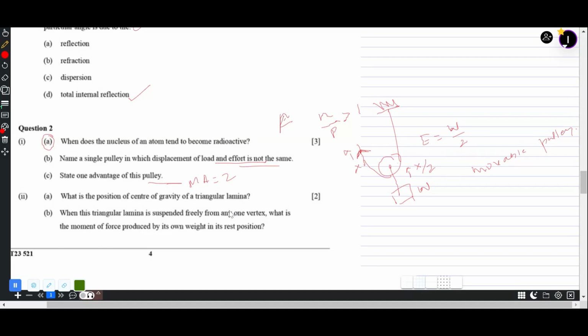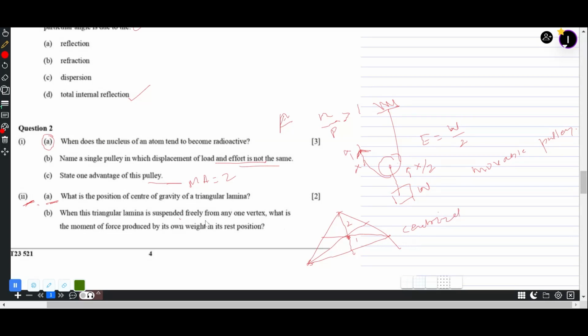What is the position of center of gravity of a triangular lamina? Question number 2, part A. Okay, what is the position of center of gravity? The triangular lamina has its center of gravity at the point where all the three medians meet, which is called centroid, and it always cuts the median in ratio of 2:1. So centroid is the place which is the center of gravity of a triangular lamina.